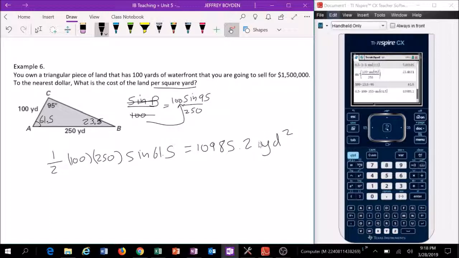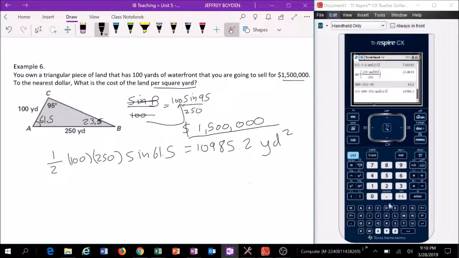Now, what's the answer to this question? What is the cost of land per square yard? Cost per. So what they're saying is take the dollar amount and divide it by this. So I'm going to jump right into the calculation. It's a little sloppy, but it'll work. So I'm going to take that $1.5 million and divide by the square yards.